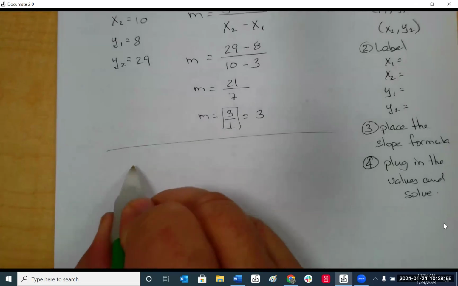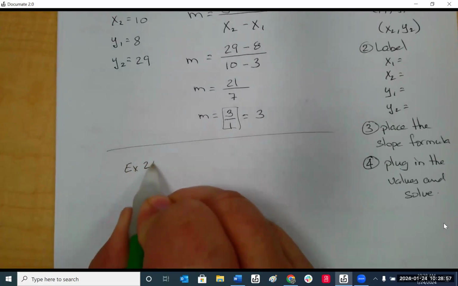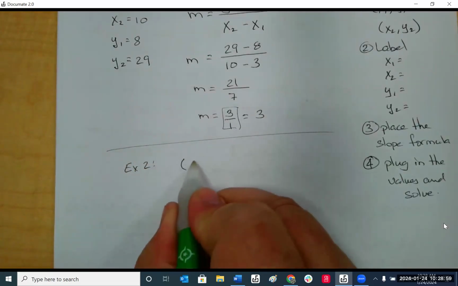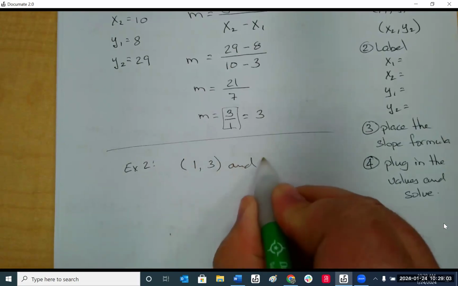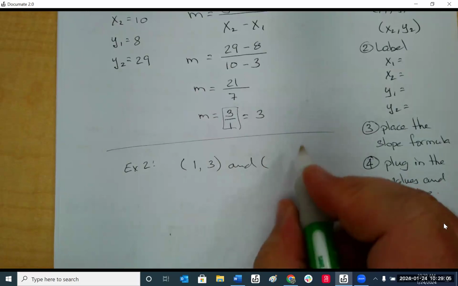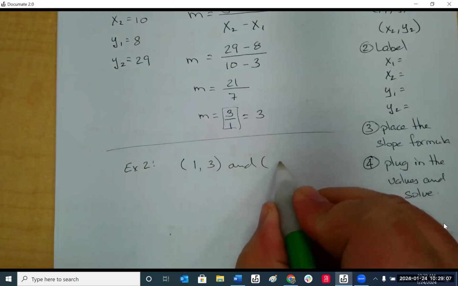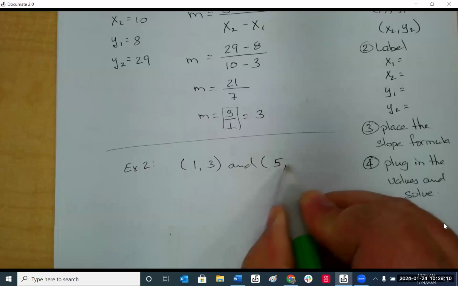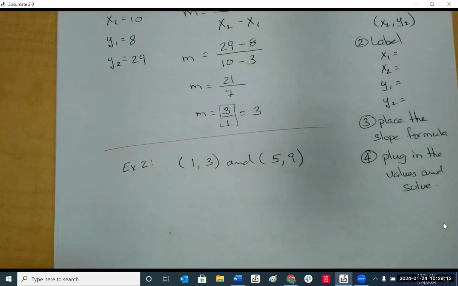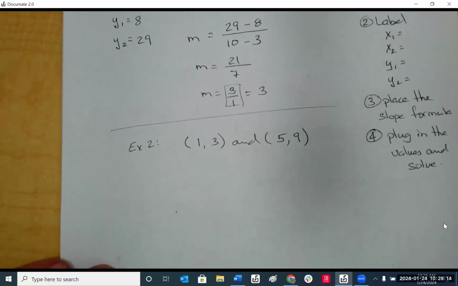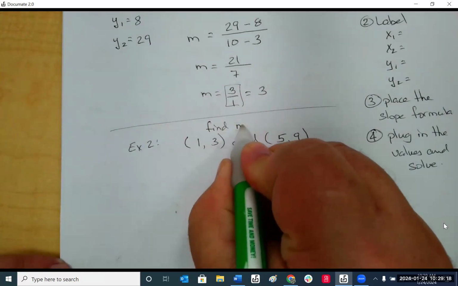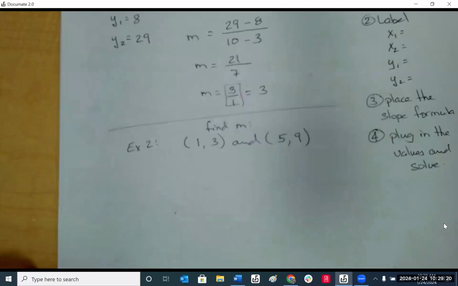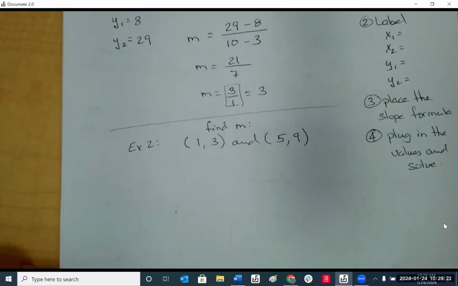Let's do one more. Find me the slope. Find m, the slope between those 2 points.